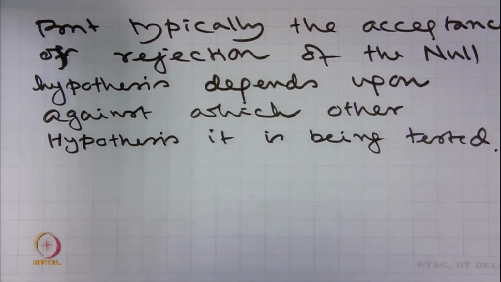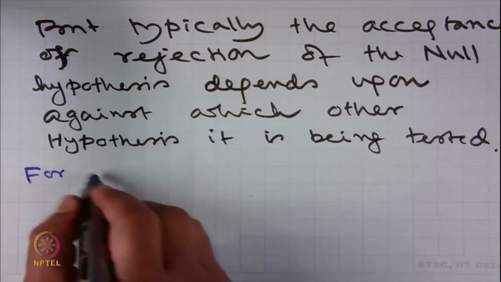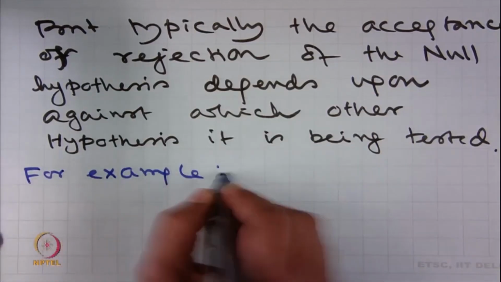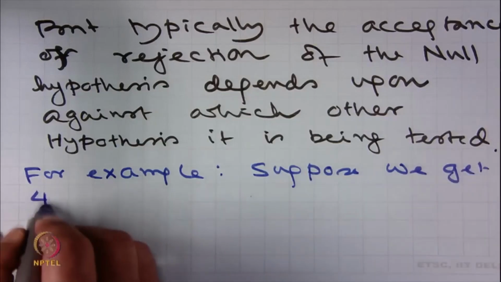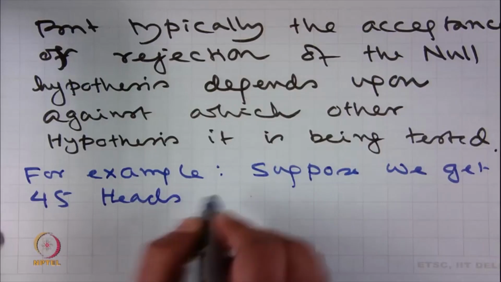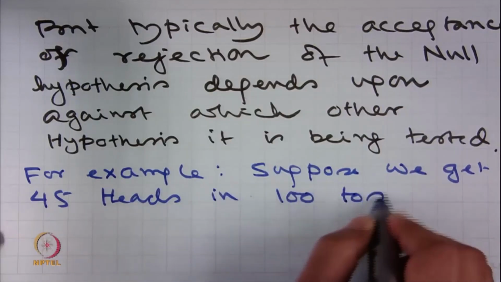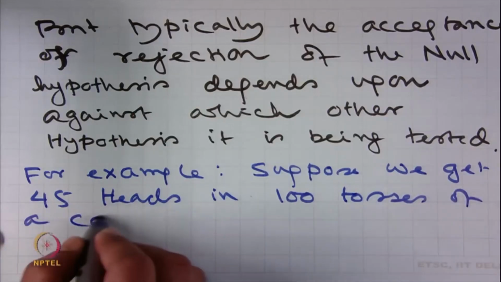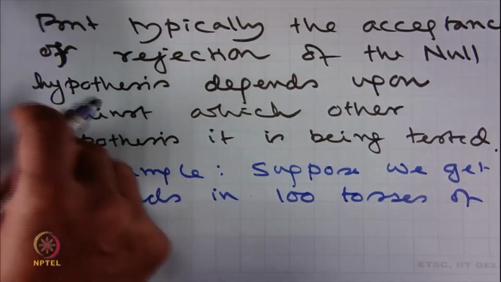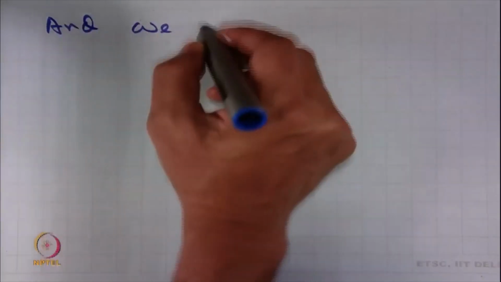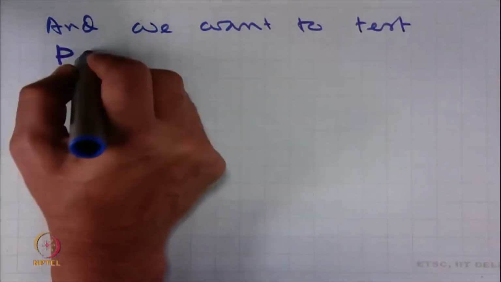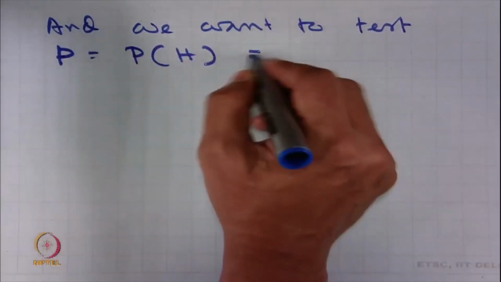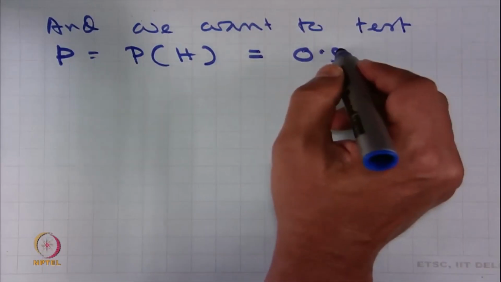For example, suppose we get 45 heads in 100 tosses of a coin, and we want to test that P, the probability of head, is equal to 0.5.